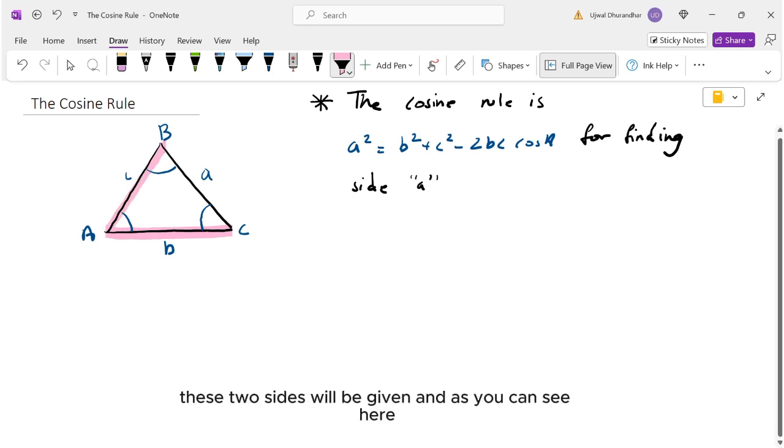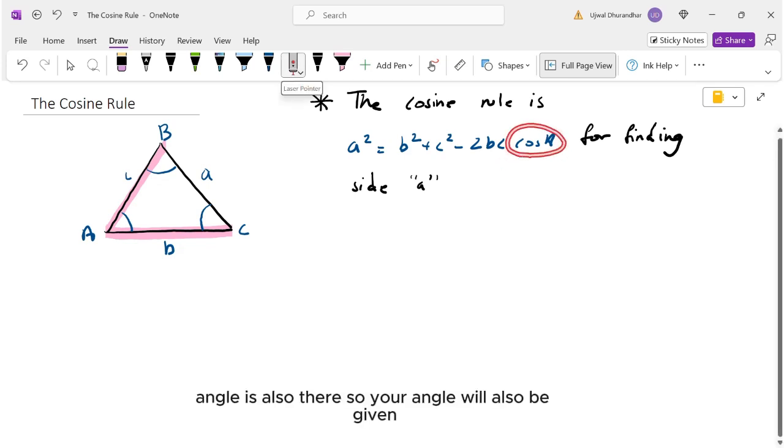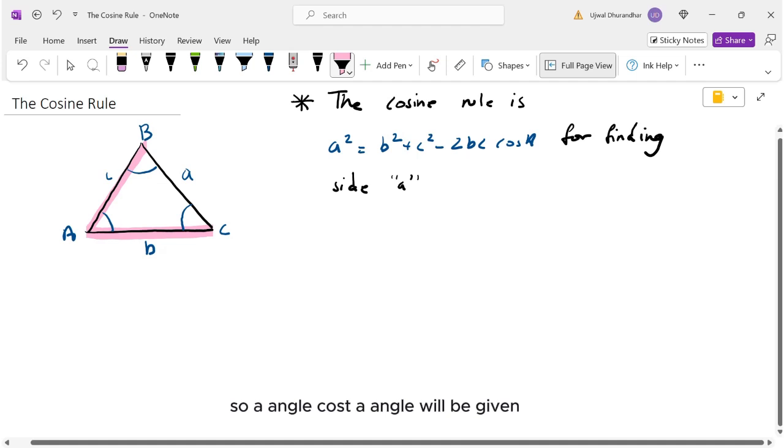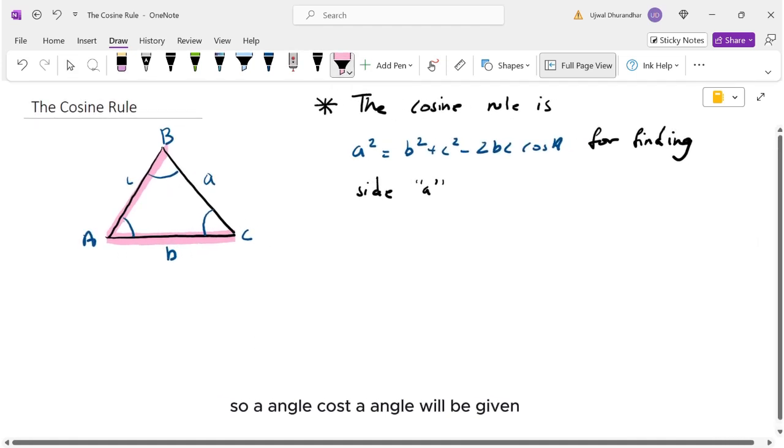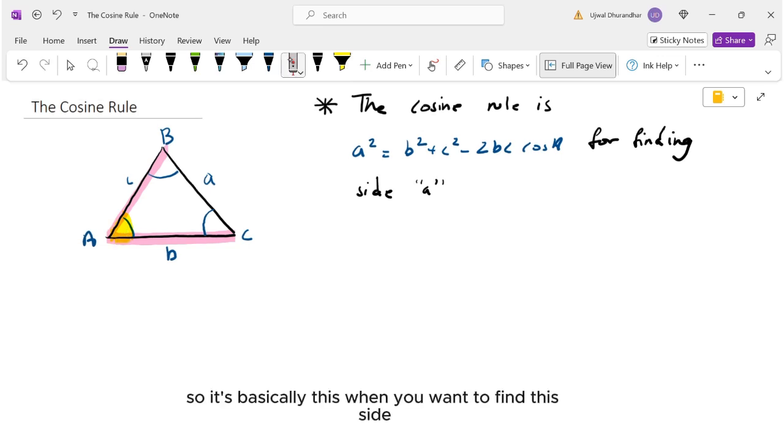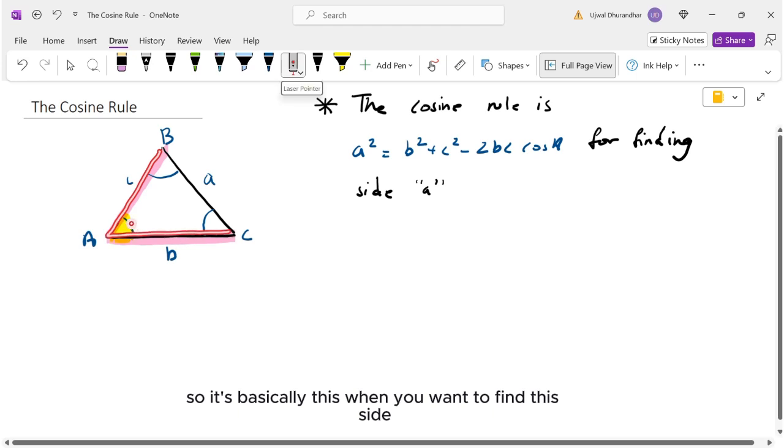These two sides will be given, and as you can see here, the angle is also there. So your angle A will also be given. So this angle, or let me just make it a different color, this angle will be given. So it's basically this when you want to find the side. Okay?